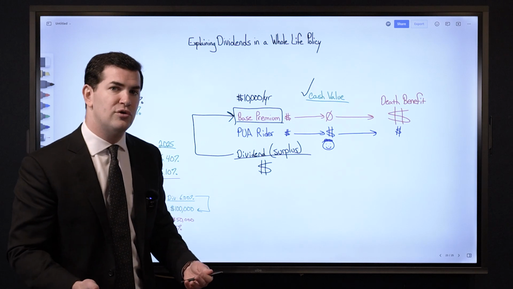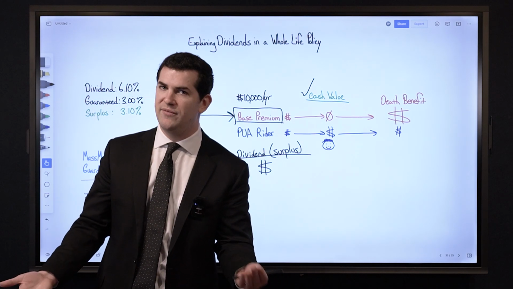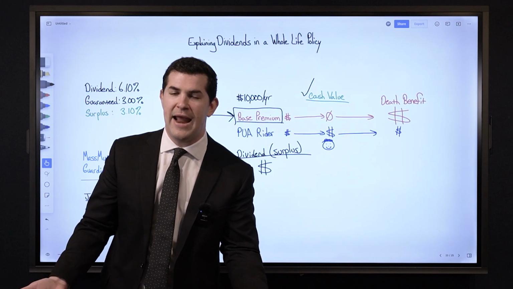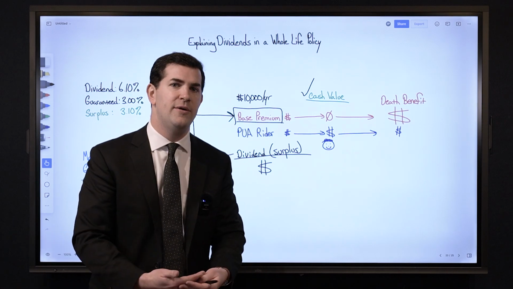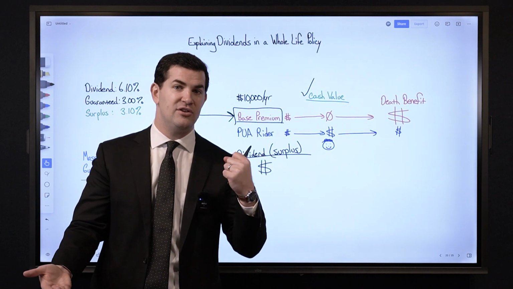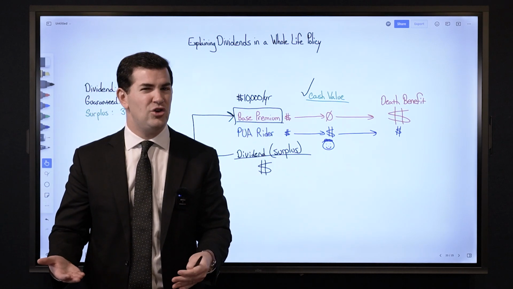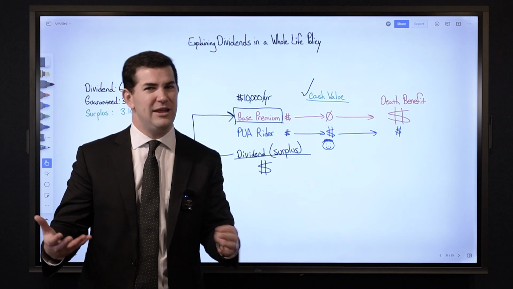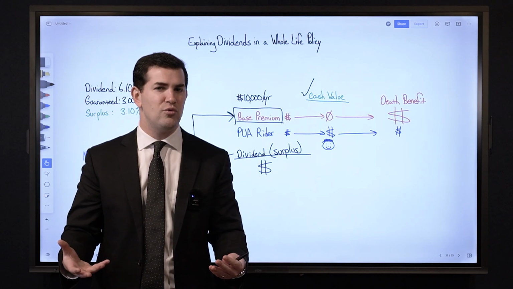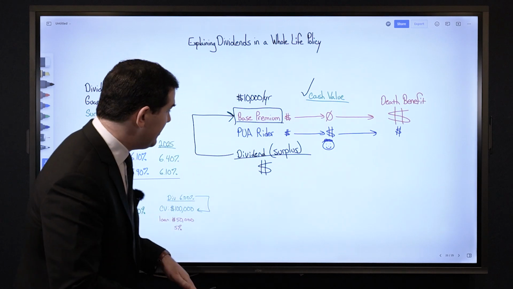But then if the life insurance company plays games and still pays a lower dividend, which we've seen happen so many times, now the consumer lost out up front and they also lost out long term, whereas the agent won because they made the bulk of their money on that premium. So that's where I have an issue with it, where it can really just damage the agent's reputation and the reputation of the industry. Now, with that said, let's look at some data here.